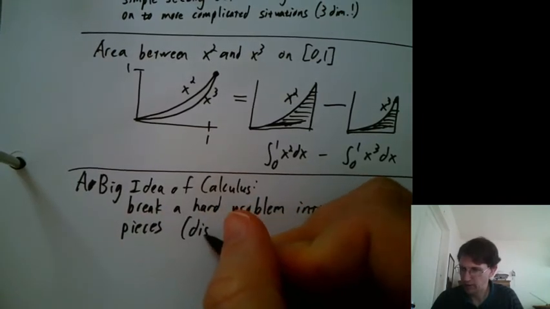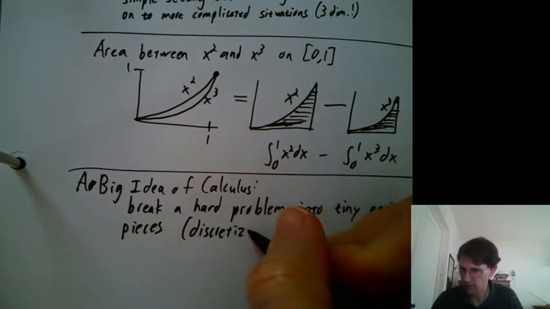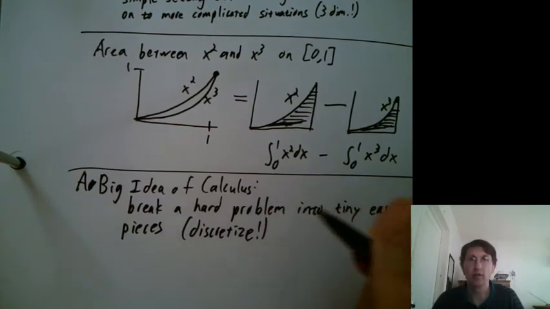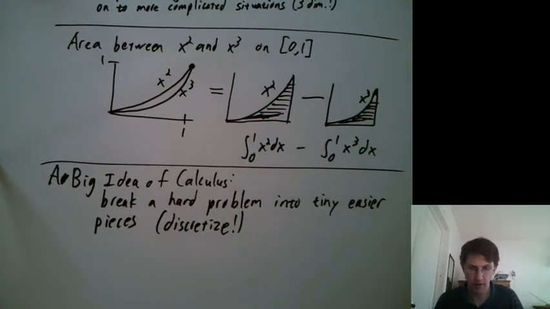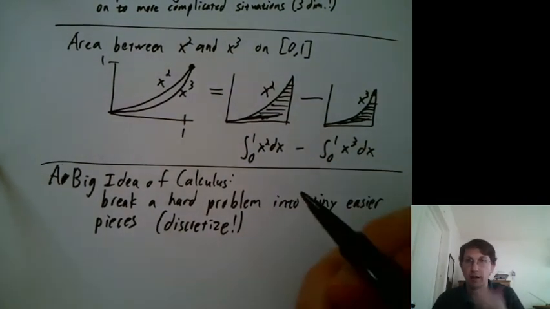Another name for that is discretizing, to turn something from continuous into discrete. Compute each and then add it all back together.